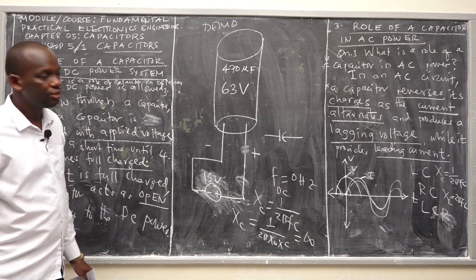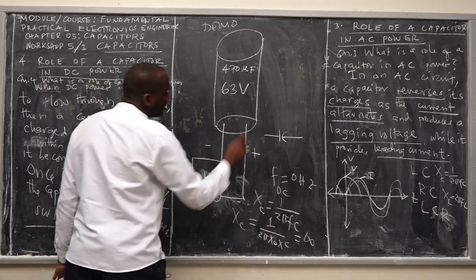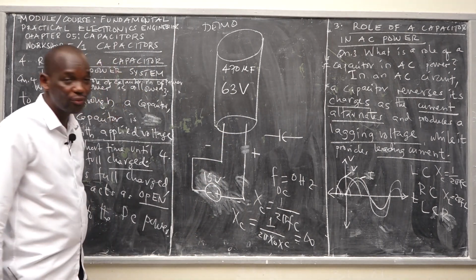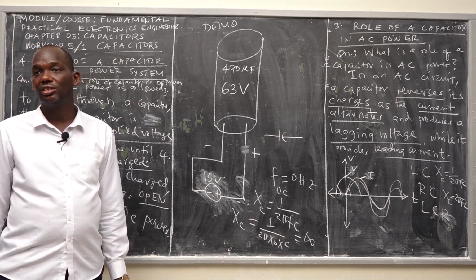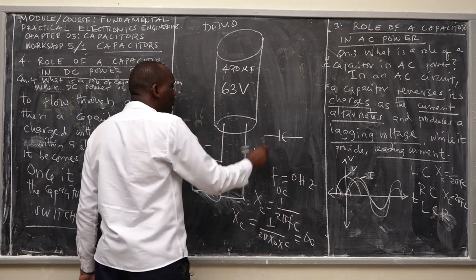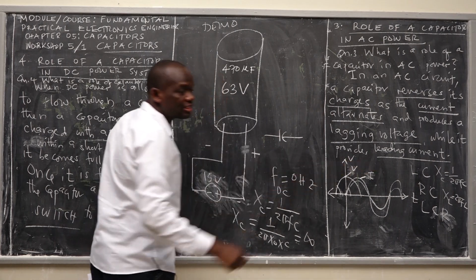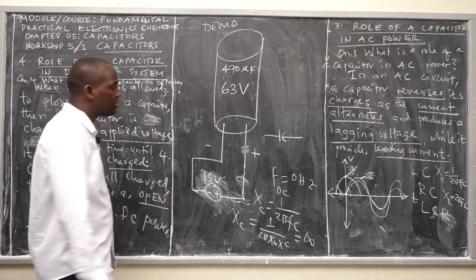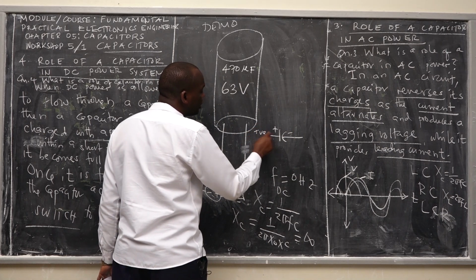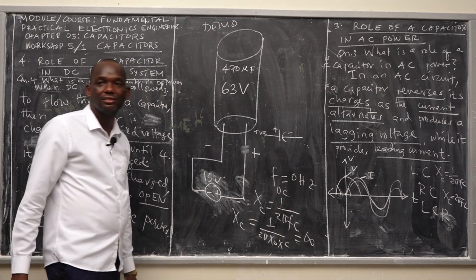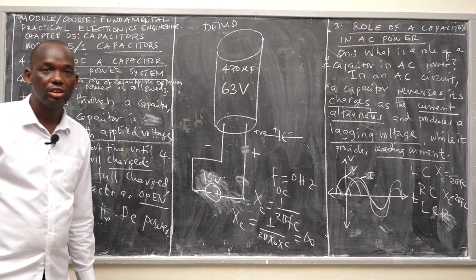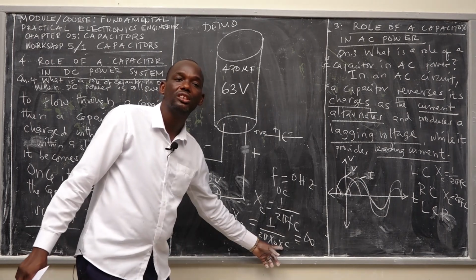So for this case, the capacitive reactance of the capacitor against the flow of DC is infinity. That's why there is no flow of DC voltage through the capacitor to the other side. If this is positive and this is negative, you have your DC voltage, and it will never cross to the other side. Why? Because the capacitor acts as an open switch, providing infinite resistance.